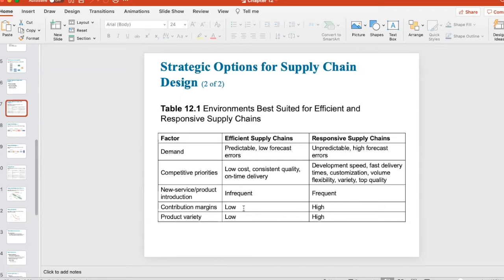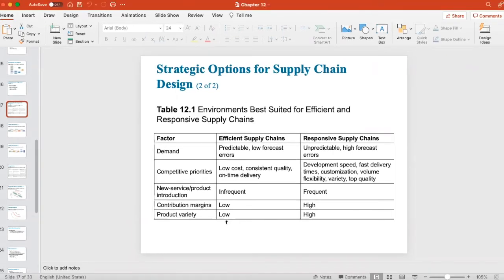That's why the contribution margin itself is lower within the efficient supply chain compared to those products or services within the responsive supply chains. And also, as we already repeatedly mentioned, the products that are more fit for the efficient supply chain actually have a lower variety level compared to those products that are fit for the responsive supply chains.